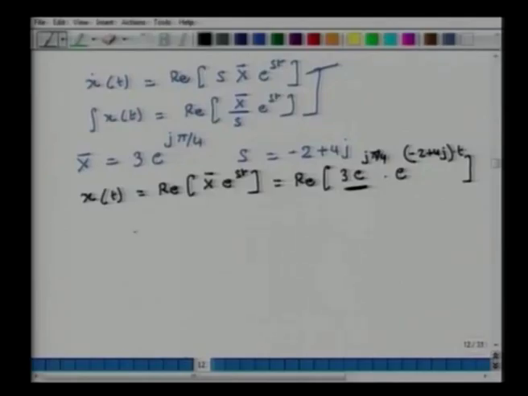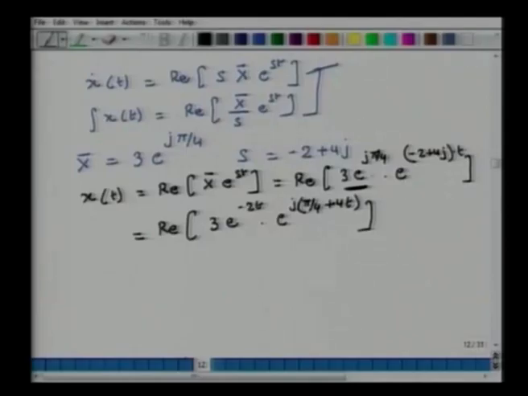So now I rearrange, so I get the real component of 3 e^(-2t). So I am basically breaking up into real and imaginary components, times e^(j(pi/4 + 4t)). Did I do the math right?